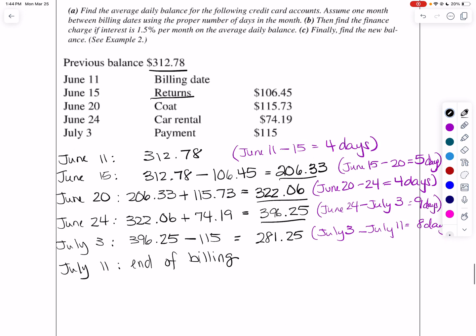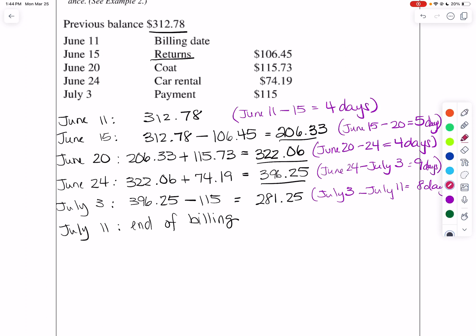Okay? So I'm going to highlight everything, every balance here will get multiplied by this number. So we'll take this and multiply it by 5, and then we'll take this and multiply it by 4, etc.